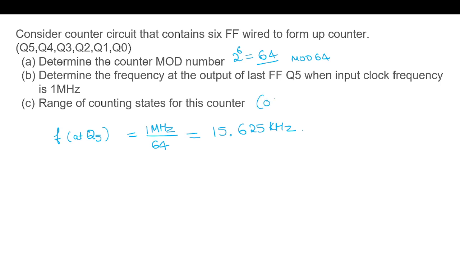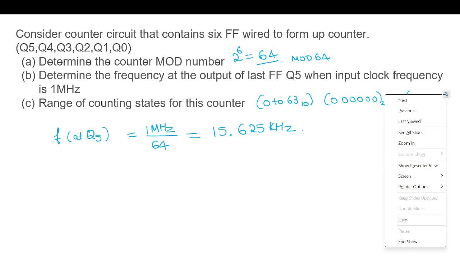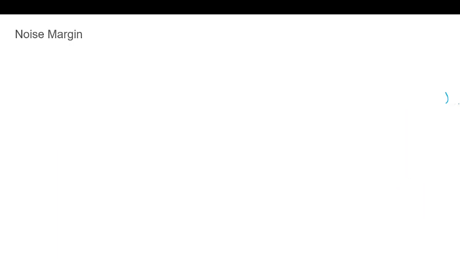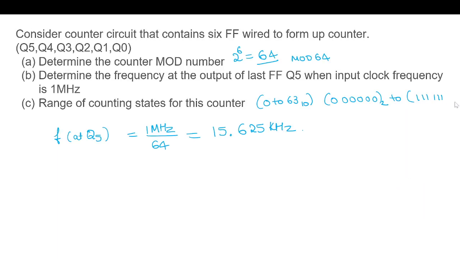It is from 0 to 63 in the decimal system, or in the binary system with 6 flip flops, from six 0s to six 1s.